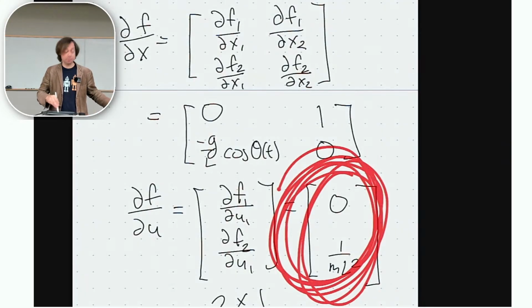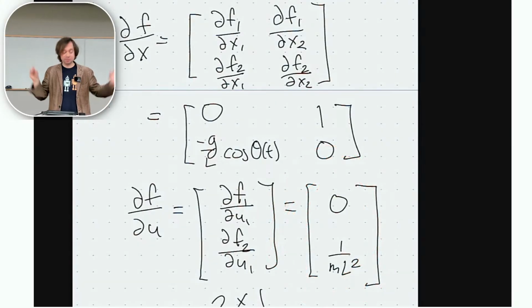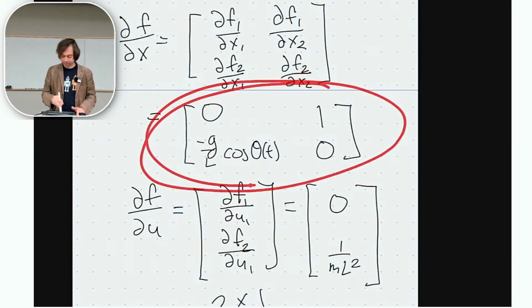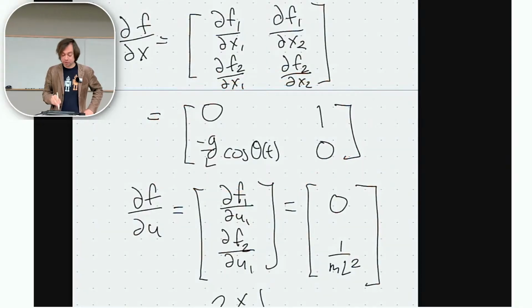There's no states, there's no inputs. That doesn't change. The A matrix, though, has theta of t in it, right? So we just change the theta that we plug in. Now, instead of being cosine of 0, it's cosine of what? Pi. Yes, pi. What's the cosine of pi? -1.